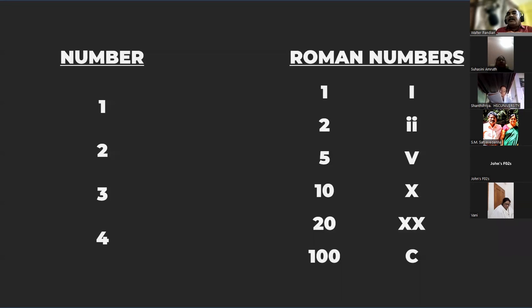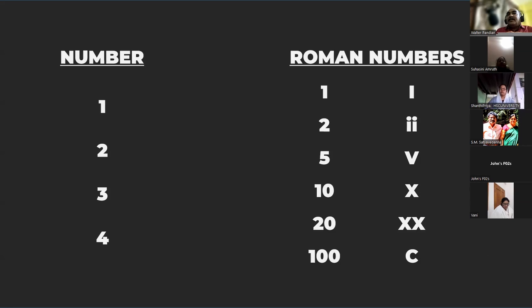The first alphabet will have the value 1, the second alphabet the value 2, then the third alphabet, the fourth alphabet. In this way, the values are given in order: 1, 2, 3, 4, 5, 6, 7, 8, 9, 10. After 10, the value doesn't come to 11, but it counts in tens: 20, 30, 40, 50, and so on till 100.